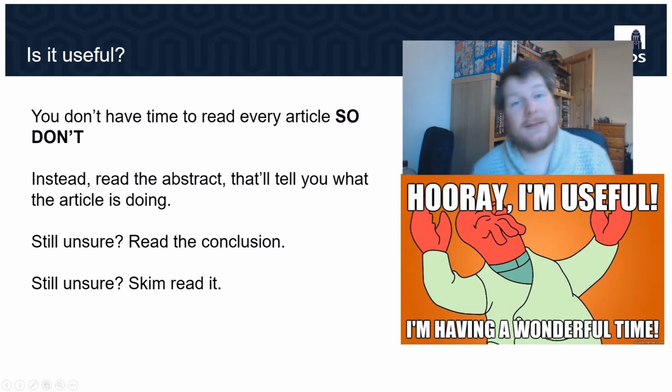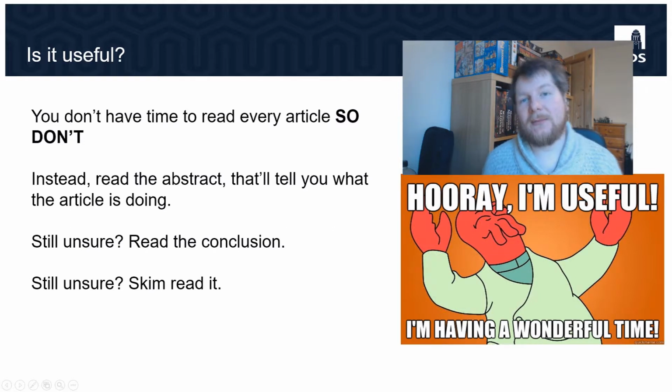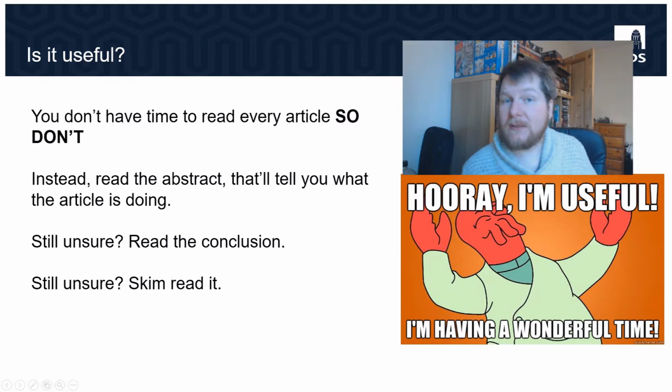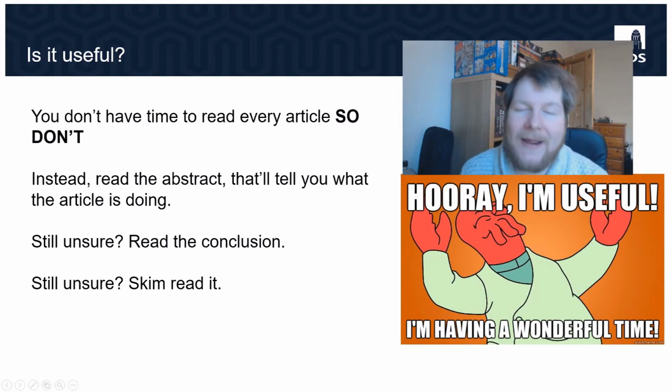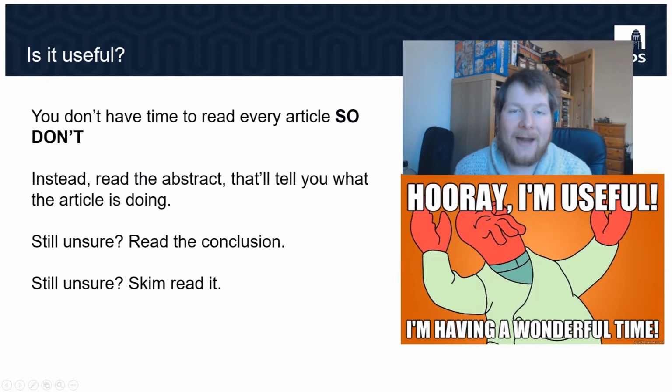Now, a lot of students coming into the university will think that an abstract is just supposed to give us a general idea of what the paper will be talking about. But if it's a journal article, that abstract should also be telling us what it concludes. Nothing should be a surprise beyond that abstract. So have a quick read of those abstracts, because they're usually about 200 words long at most.